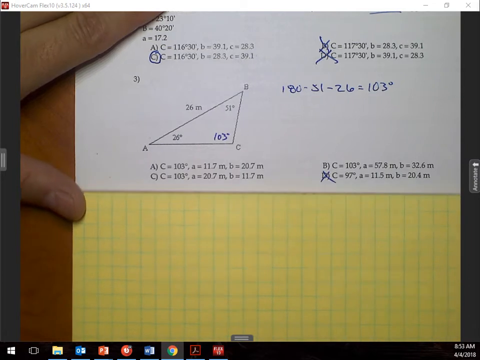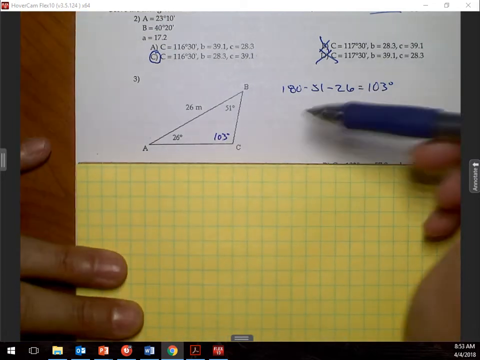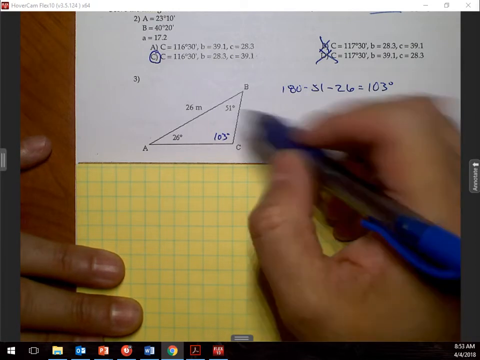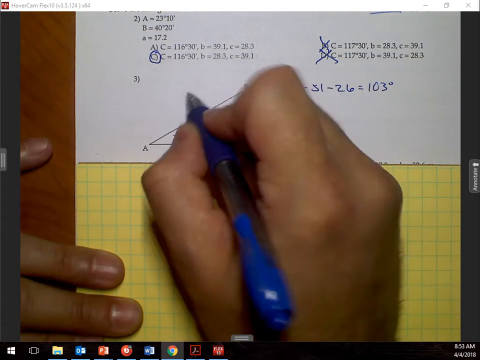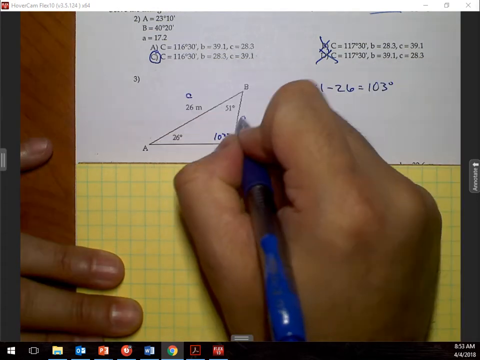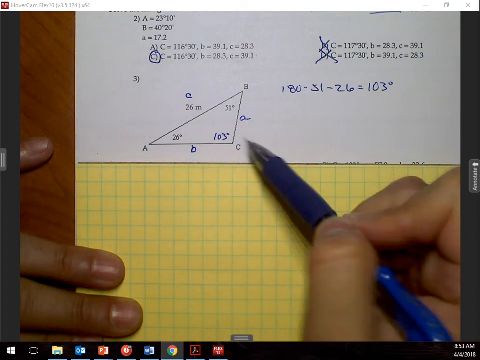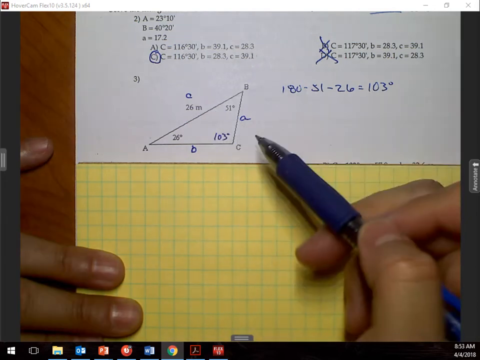Okay, so now what law can I use from here? Sine. I'm going to use law of sine because I have big C and little c.